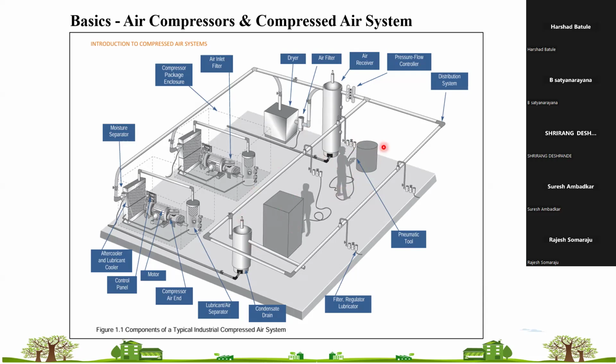There will be leakages which will be draining your compressed air. Let's say here is one leakage, here is one leakage, here is one leakage. All your compressed air will be passing through these leakages.